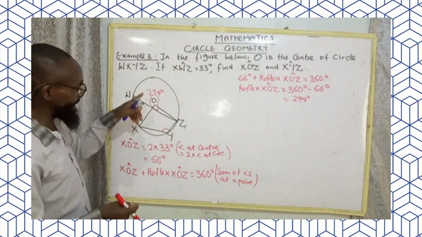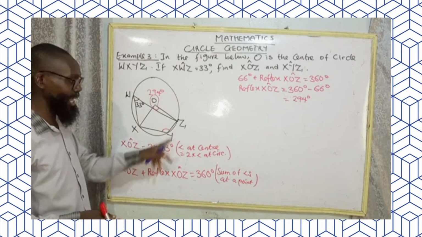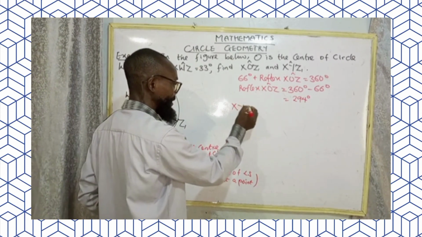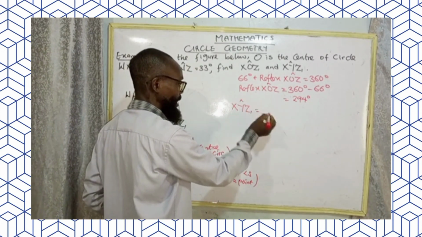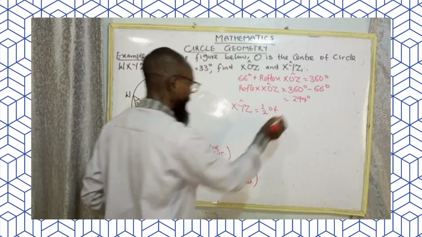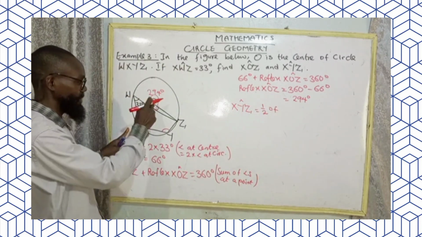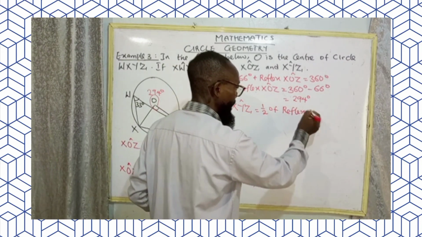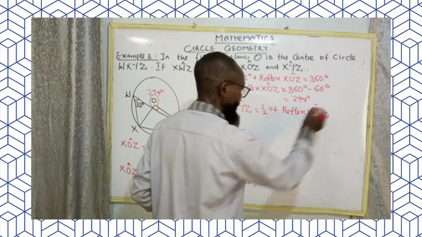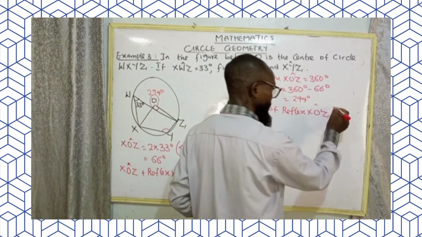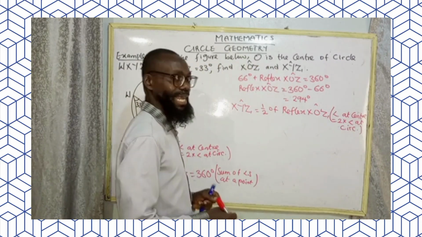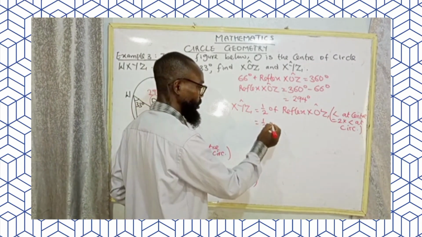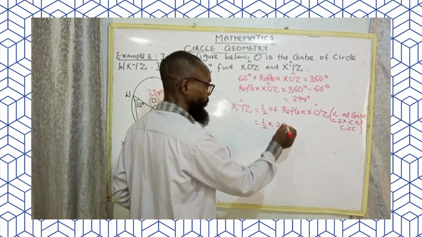Fine. We have gotten the center angle for angle XYZ. So our angle XYZ will be half of reflex XOZ. The reason is angle at the center is equal to 2 times angle at the circumference. 1 over 2 multiplied by 294 degrees.